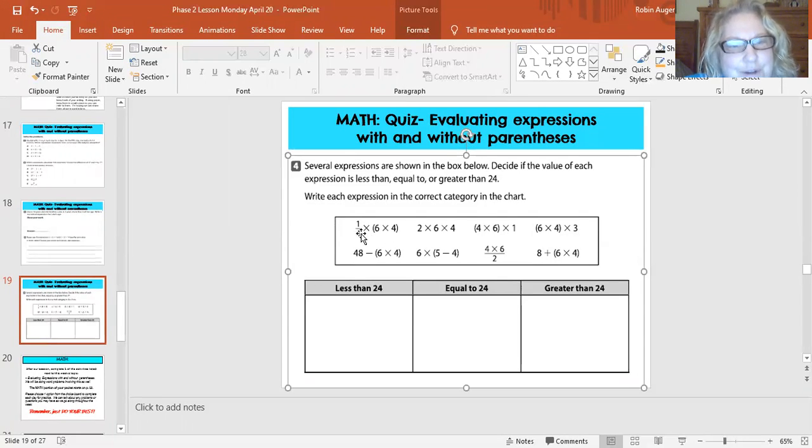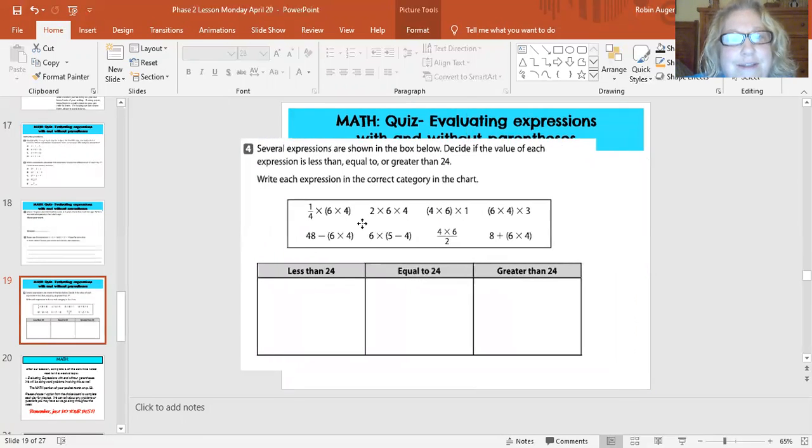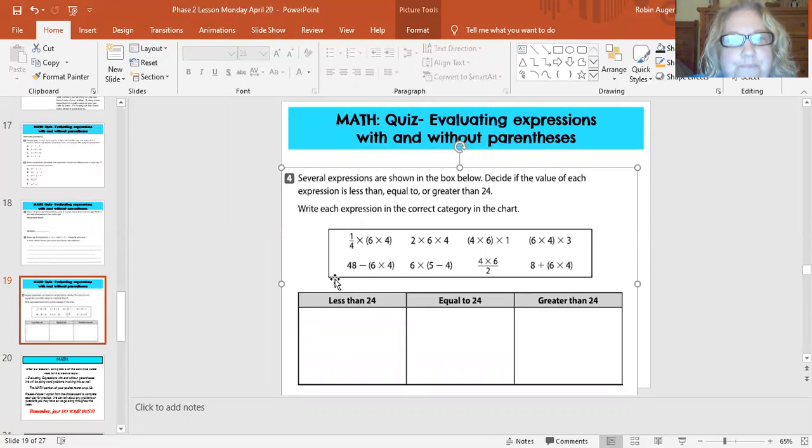And now 1/4 of 24. If we had 24 chocolates and you were going to get 1/4 of them, we would divide it into 4 different groups. So 24 divided by 4 would be 6.